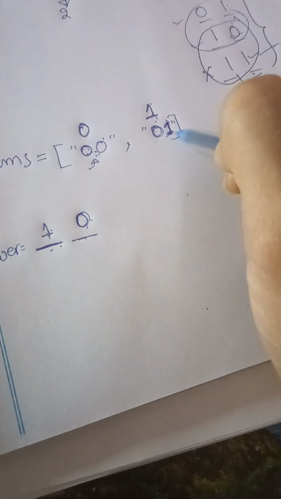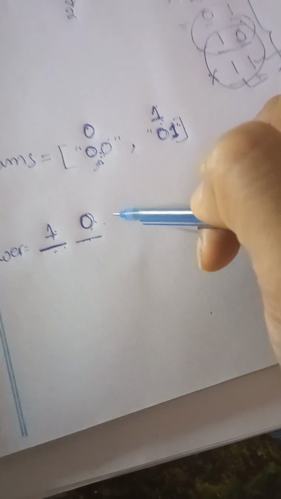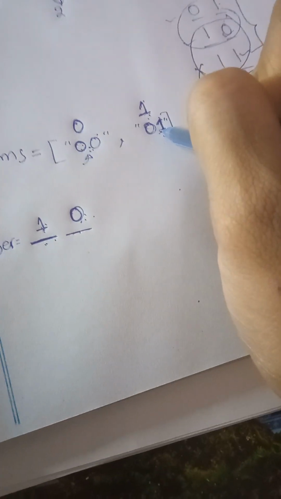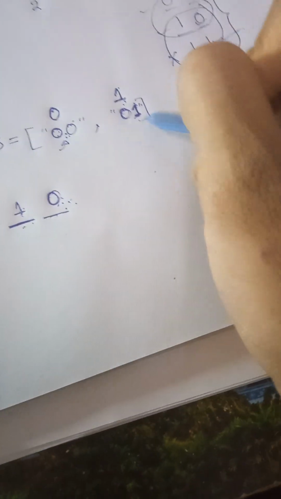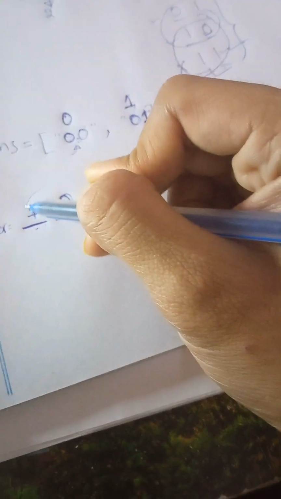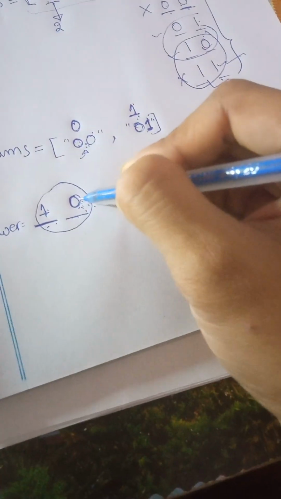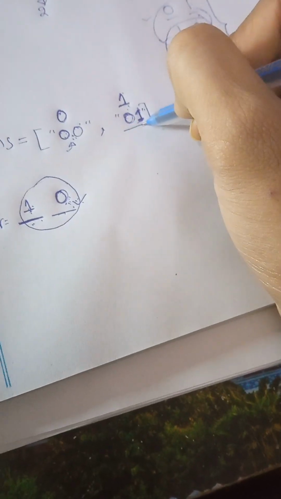Because if I store 1, there is a possibility that it could be equal to this string, and then this cannot be my answer. You can say the complement: 1's complement is 0. I am storing 0 so that I can say surely that this string cannot be equal to this string.